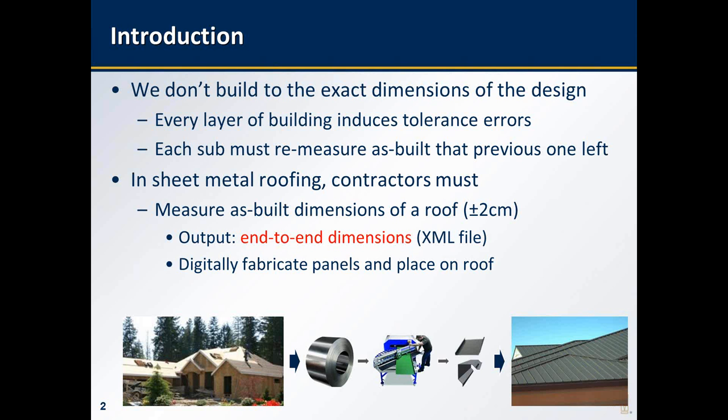So once those measurements are acquired and uploaded to the machine, those machines can roll, form, and cut metal coil into panels ready for final installation. You can see the process in the bottom of this slide. So we do the measurement, then the measurements go to the machinery for digital fabrication, and then the panels are overlaid on top of the roof.